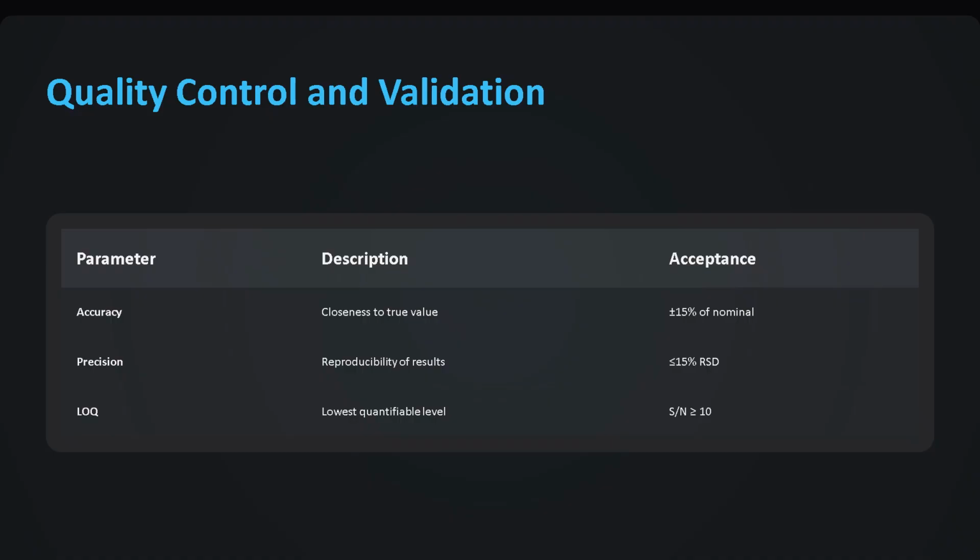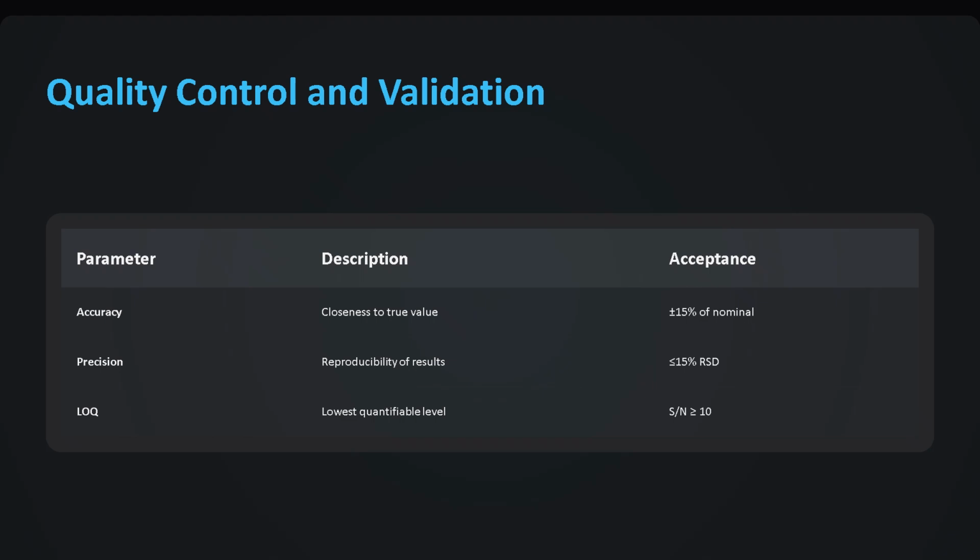Before the method can be used routinely, it must undergo quality control and validation. Several parameters are evaluated to ensure the method produces reliable results. Accuracy measures how close the measured value is to the true value, typically within plus or minus 15% of the nominal concentration.